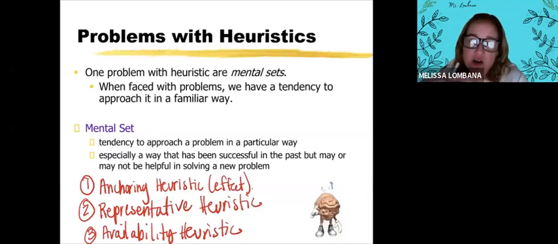So for here, you estimate the likelihood of events happening based on your available memory. Okay? So here's an example.